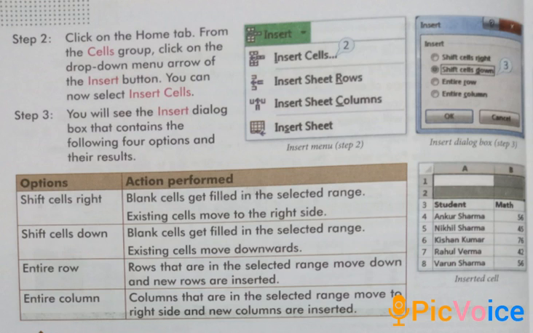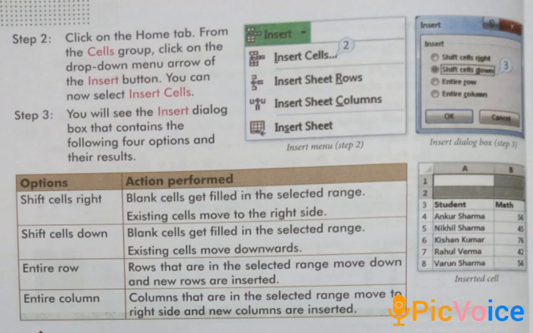Then step 3, you can see the Insert dialog box that contains the following 4 options and their result. And these 4 options are shift cells right, shift cells down, entire row and entire column.